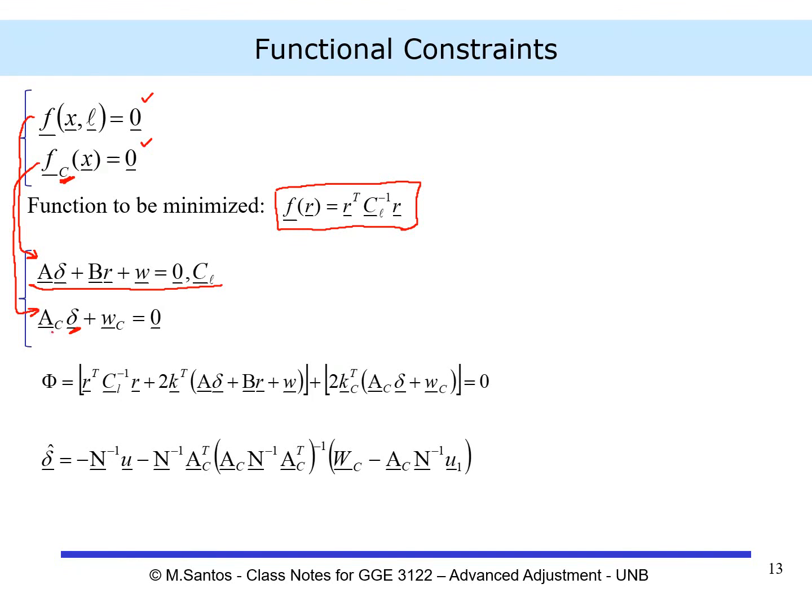We're going to have a design matrix that is formed as a function of the constraints. So the numbers that are going to plug into there relate to the constraints, and you're going to have a misclosure vector W sub C that is nothing else but the evaluation of the constraint model with respect to approximate values.